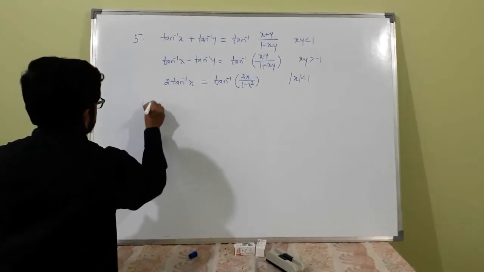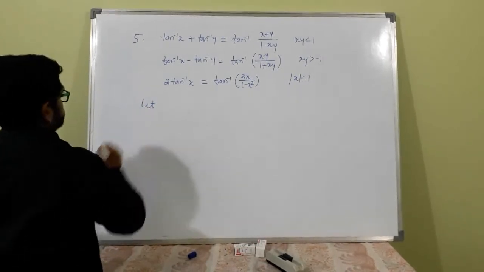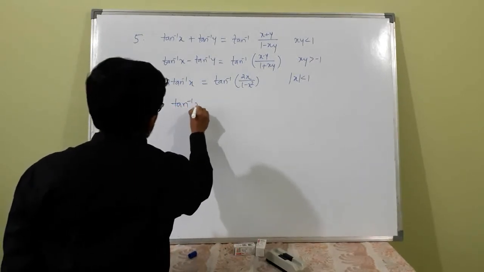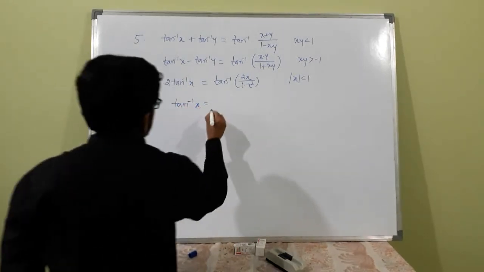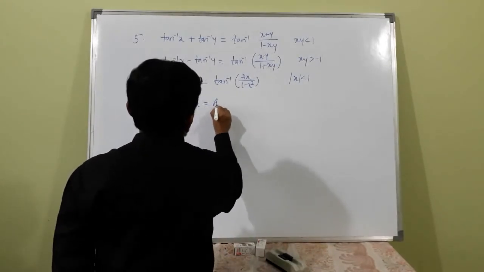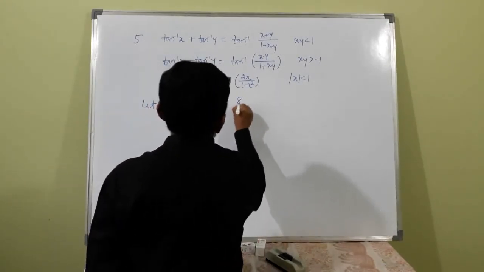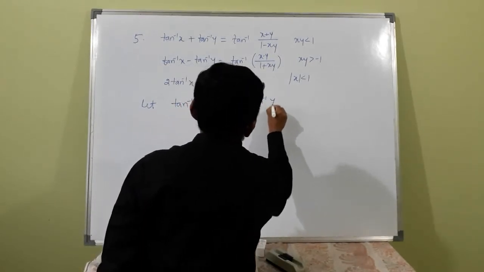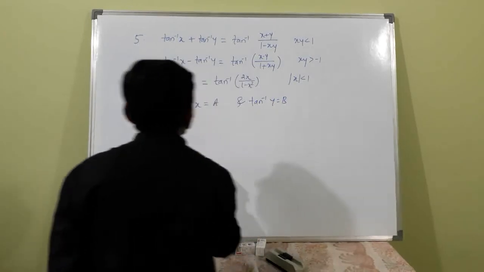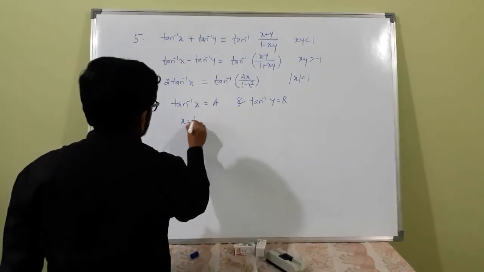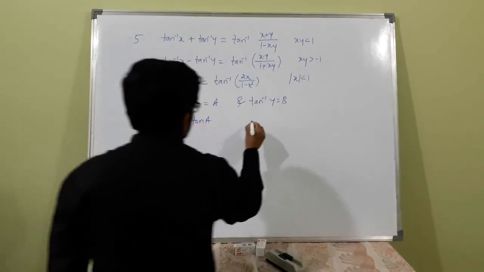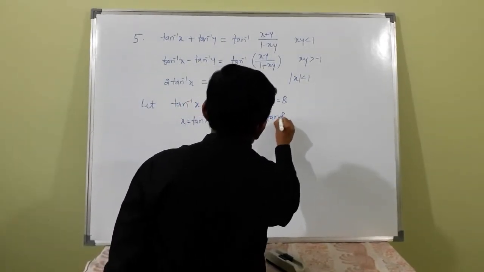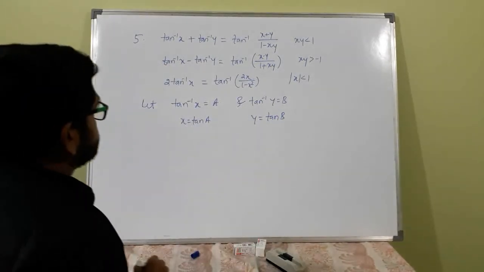Let tan inverse x be equal to a and tan inverse y be equal to b, then x is equal to tan a and y is equal to tan b.